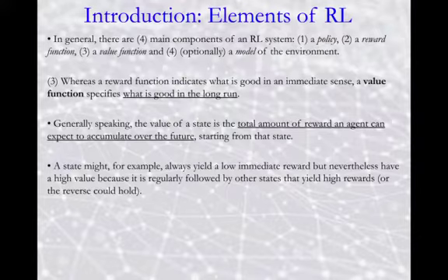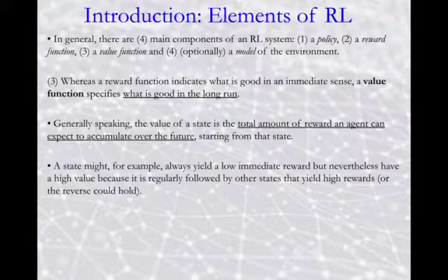You can imagine a common example would be if a particular state represents 3 moves away from a checkmate, that would potentially be a valuable state for that agent. It would have a high value. On the other hand, you can describe in more detail the values of not just states, but what are called state action pairs. These are usually referred to as Q values in reinforcement learning literature. So literally you write Q of S comma A. I have that later on in the lecture notes as well.